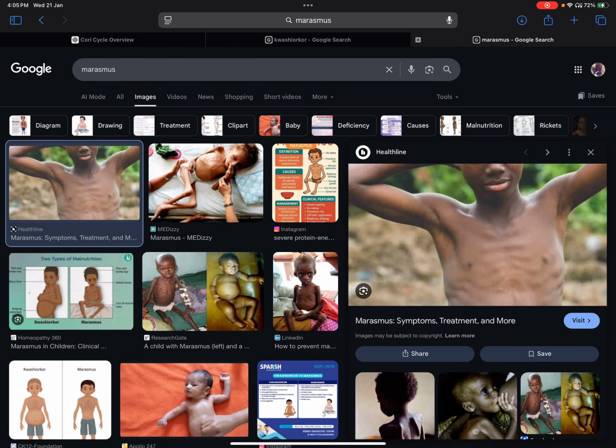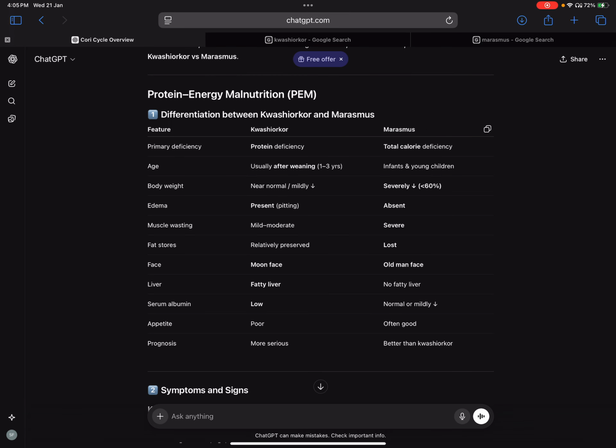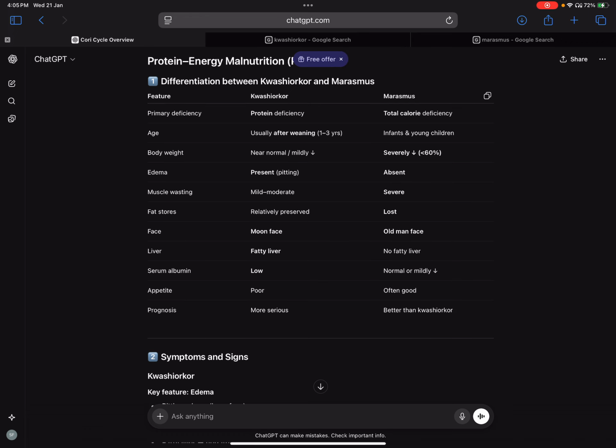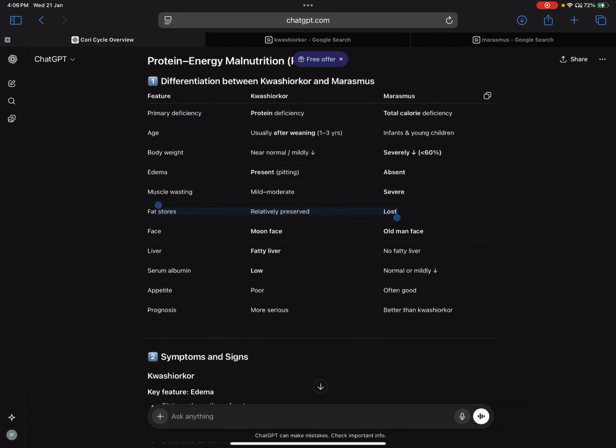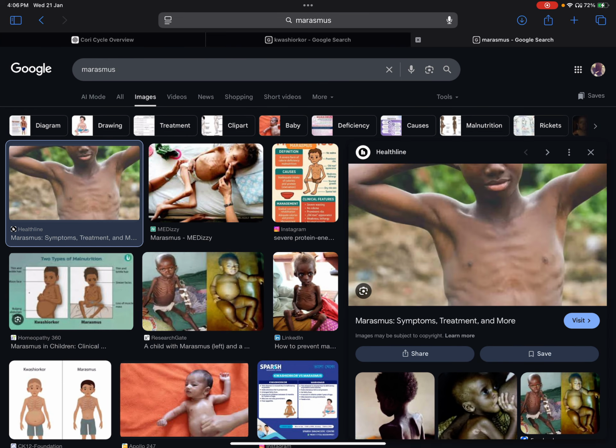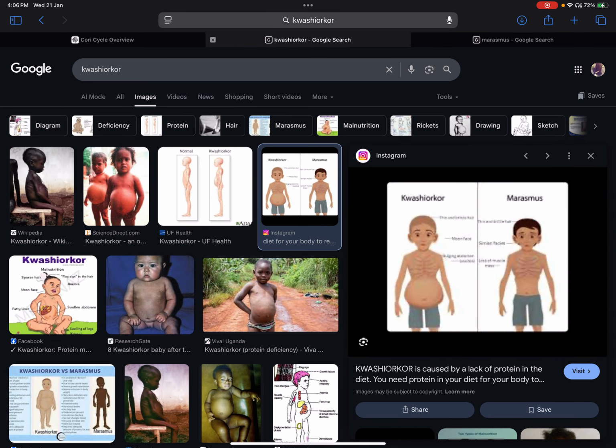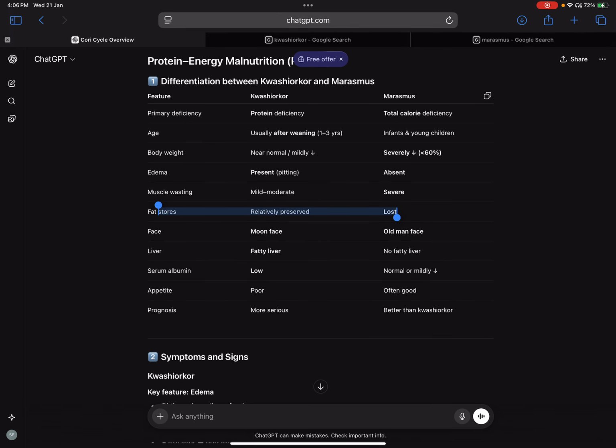Body weight is also severely decreased in marasmus, and this affects infants and young children. The fat stores in kwashiorkor are relatively preserved, but in marasmus the deficiency is so great that even the fat stores are depleted. And once again, marasmus is a calorie deficit and kwashiorkor is a protein deficit. That's one thing you need to know.